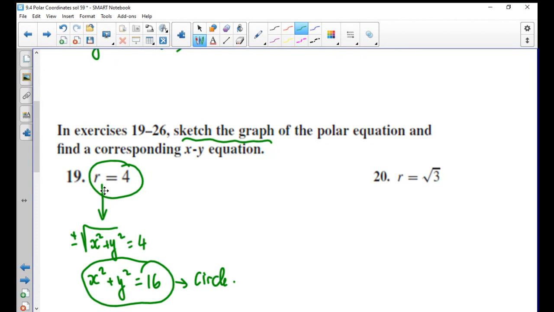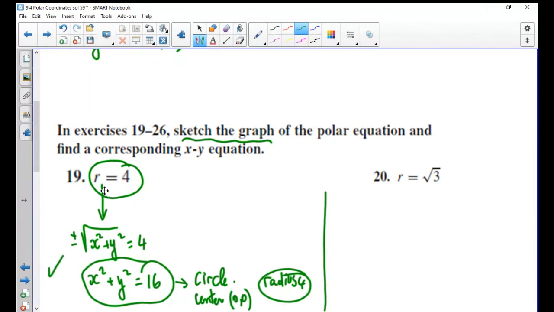Circle of radius, the center is 0, 0. The radius is 4. But actually, no need to do this. The points which have an r equal to 4 are all around the origin at a distance of 4 from the origin.